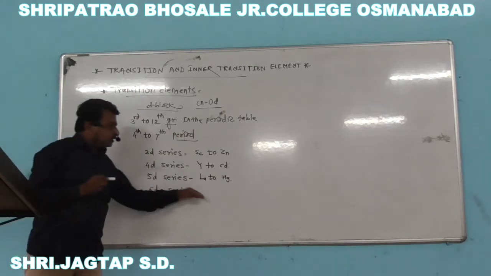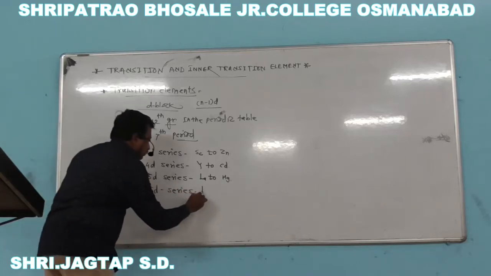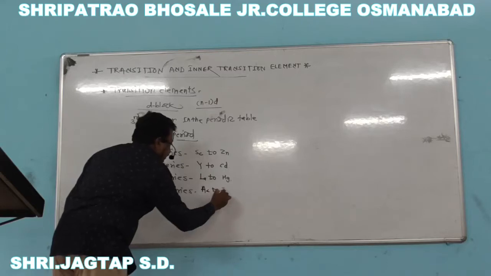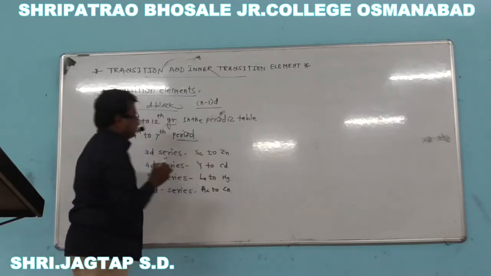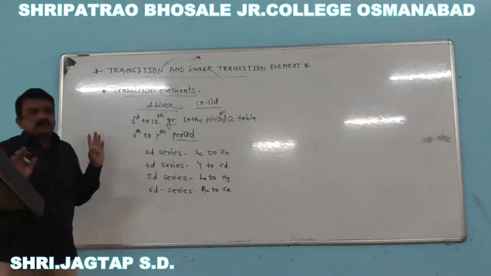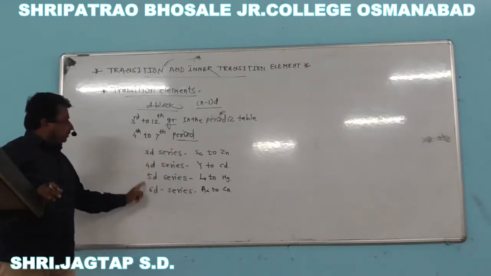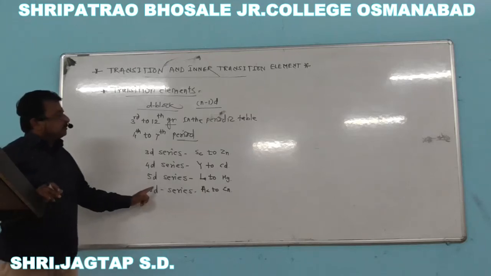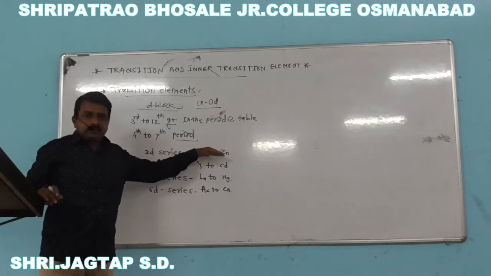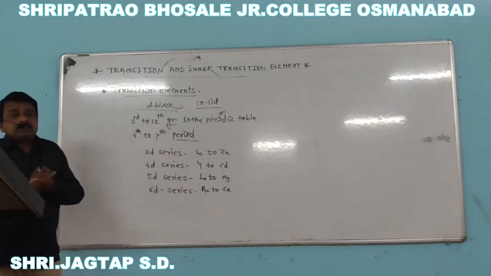The 6d series also contains 10 elements, starting from actinium and ending with copernicium. So all these four series contain 10 elements each.